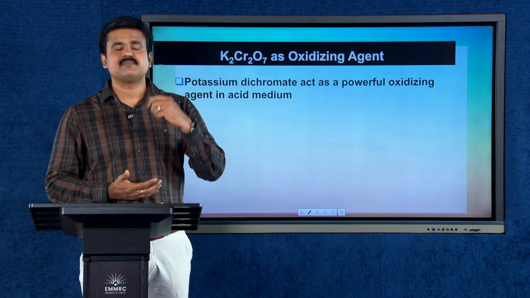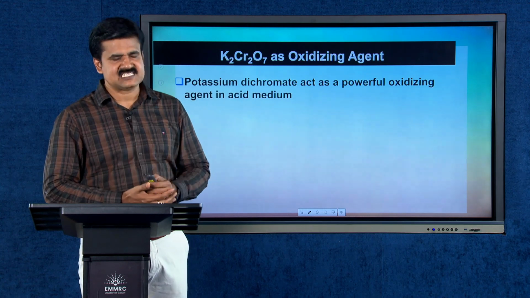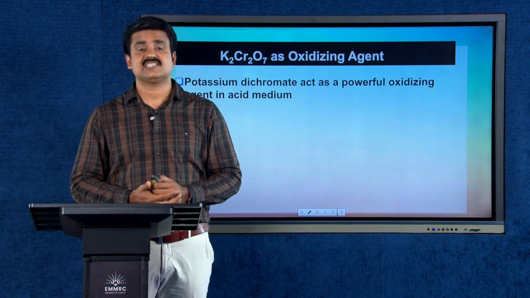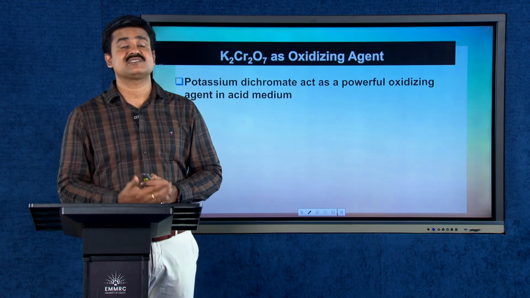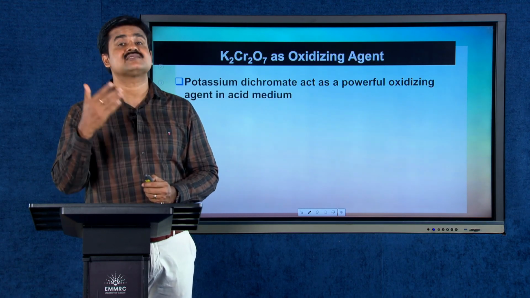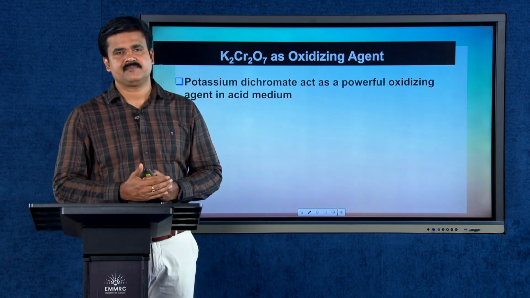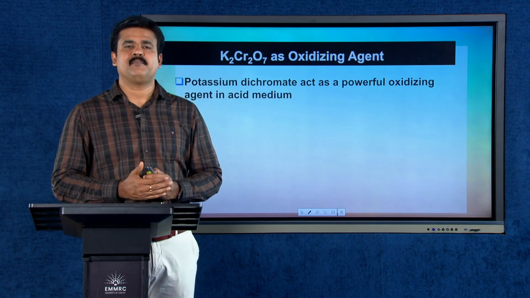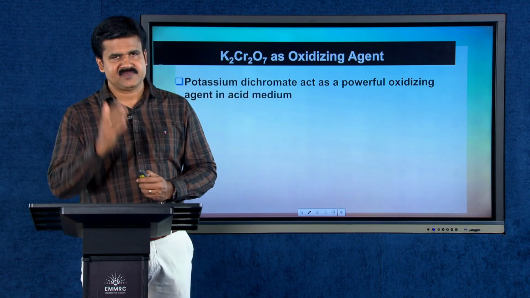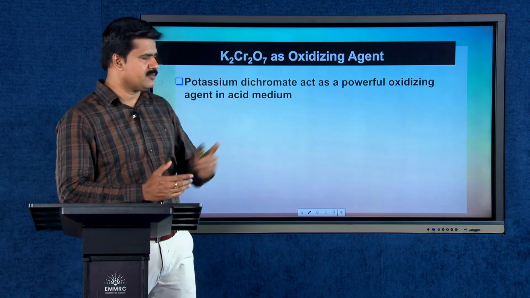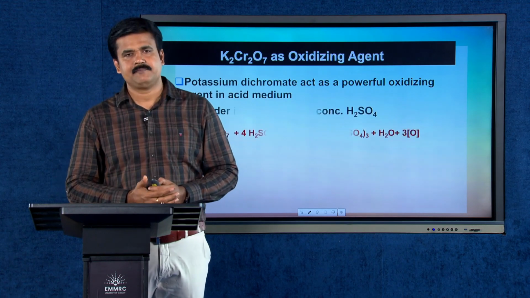Potassium dichromate acts as a powerful oxidizing agent, especially in acid medium. Potassium permanganate can act as oxidizing agent in acid, base or neutral medium. Remember, potassium dichromate shows its powerful oxidizing tendency in acid medium.